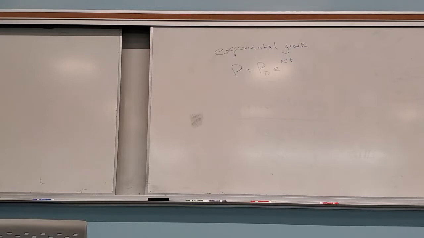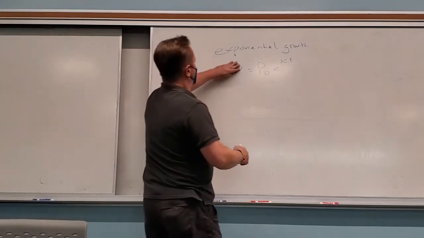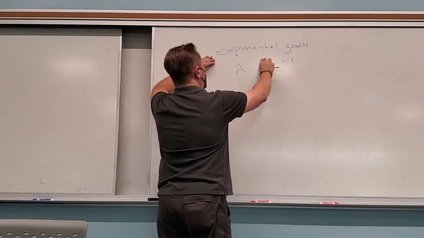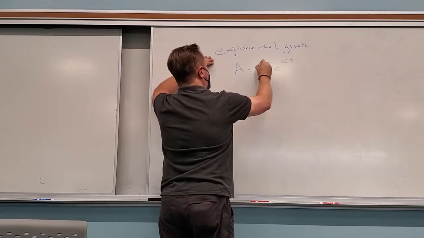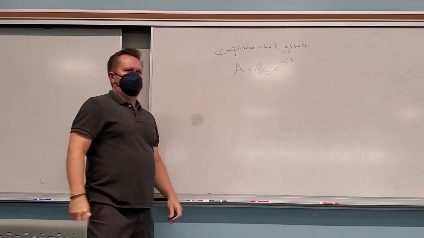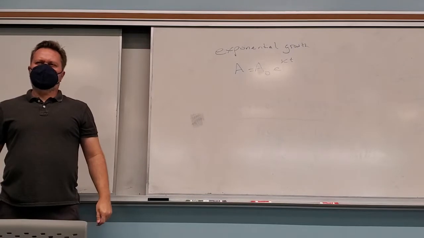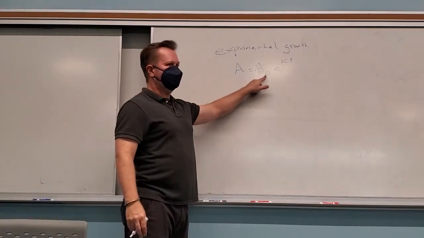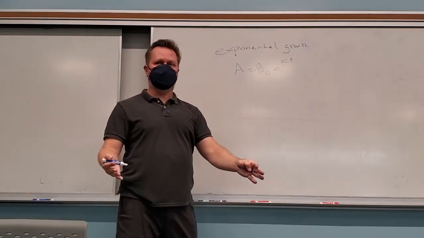They use A for the amount, that makes sense. In general, you can say the amount of something, because there's not always a population. So here, this A0 is the initial amount.